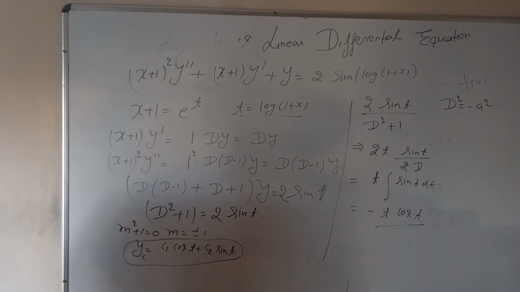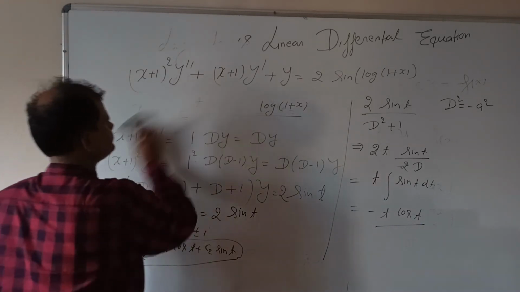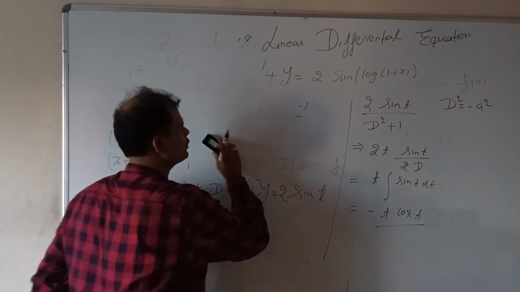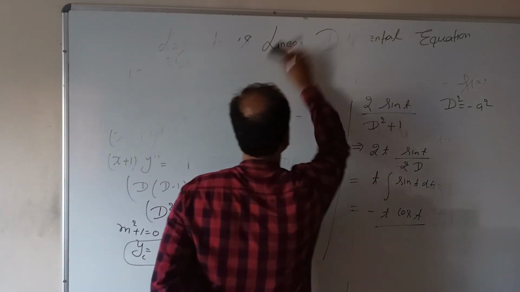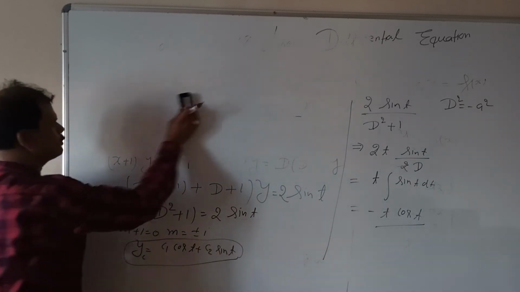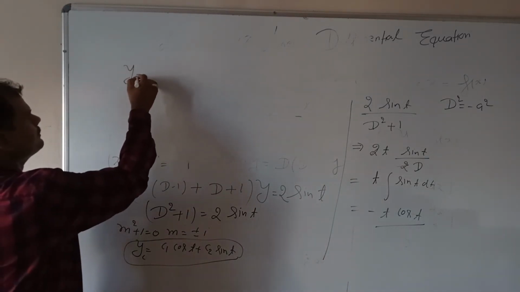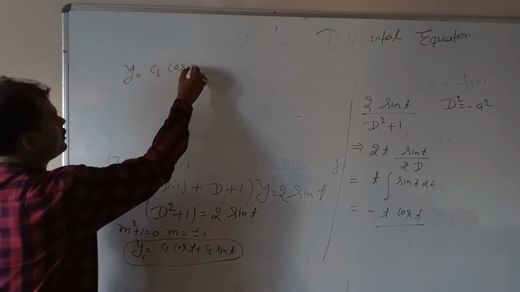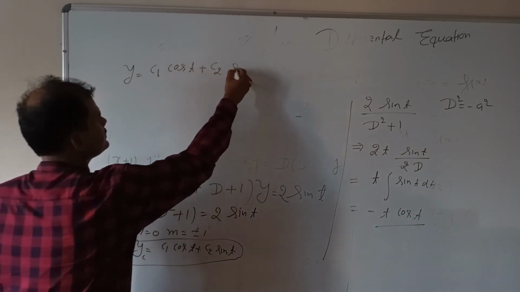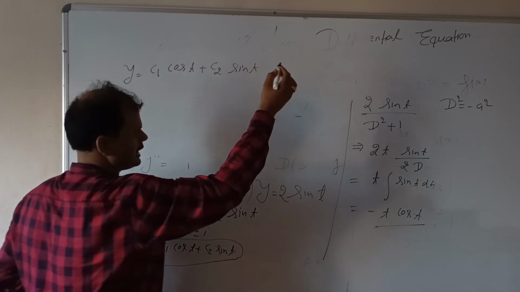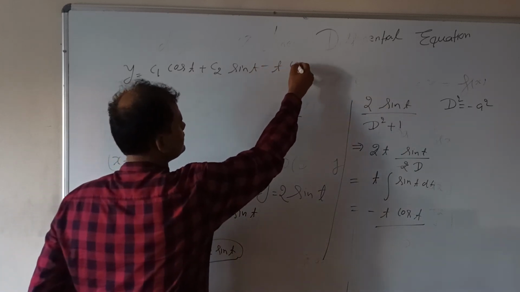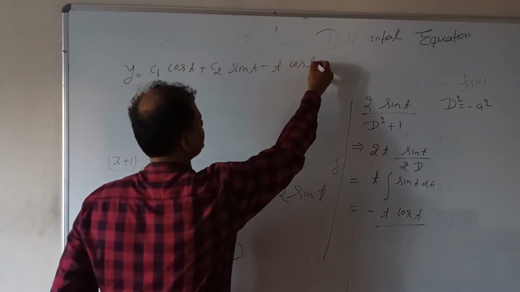So finally we will write the solution. Your given question was in the variable x, so your answer should also be in x. So y equal to c1 cos t plus c2 sin t minus t cos t. Fine.